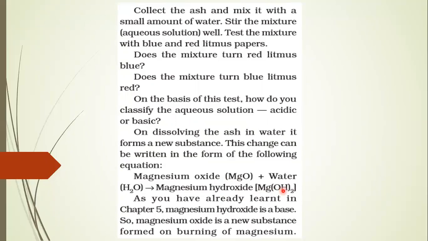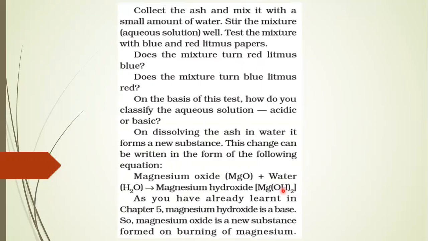Now, what type of compound is magnesium hydroxide? In the last lesson, you learned about acids and bases, right? Hydroxide group compounds are bases. Remember, if any compound ends with hydroxide, like potassium hydroxide, sodium hydroxide, magnesium hydroxide, they are all bases. And what are the properties of bases?